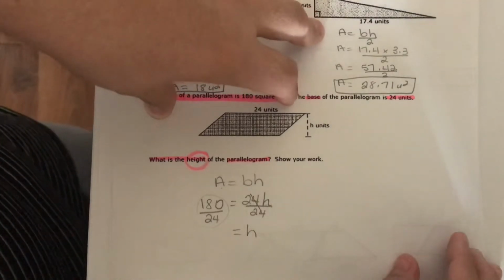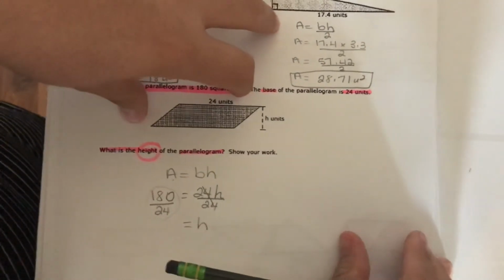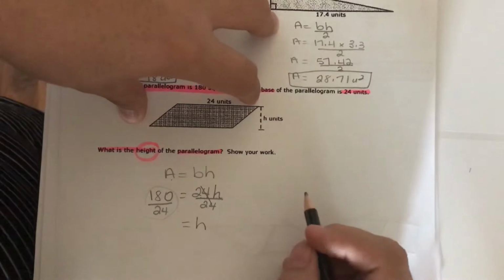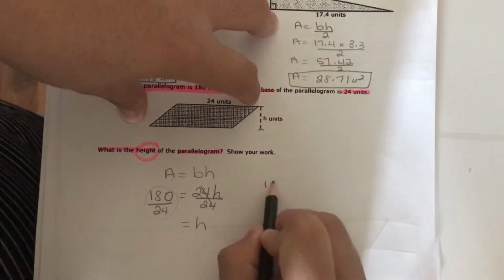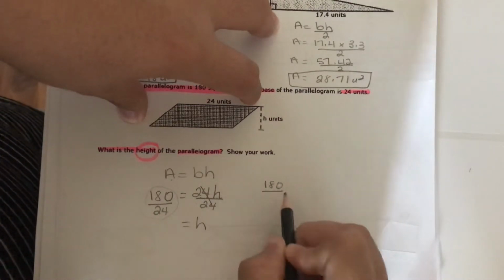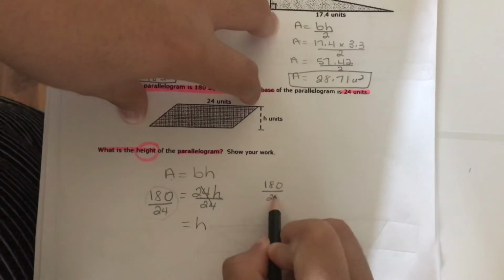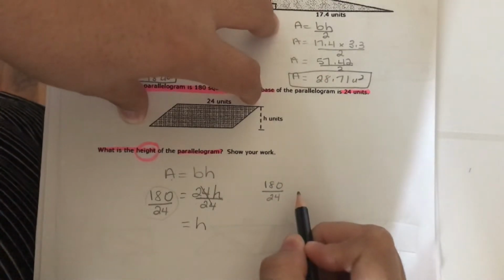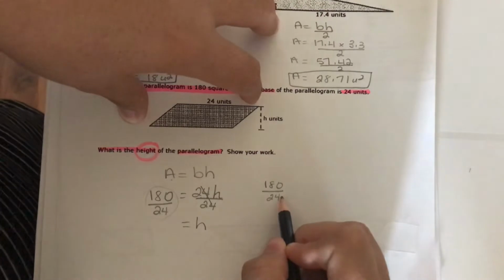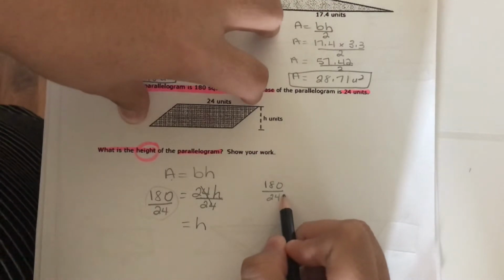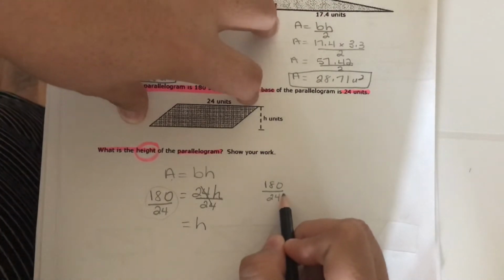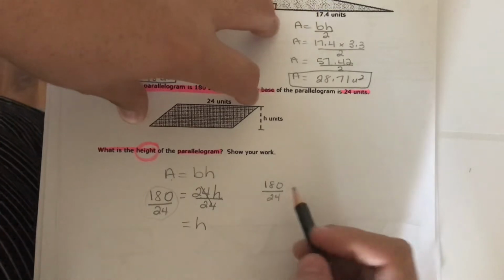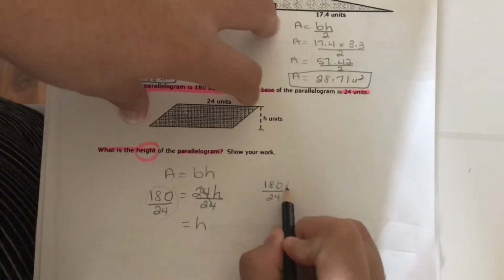Now, some of you are probably thinking, oh my gosh, those are such big numbers. You can always simplify. I could probably simplify these by maybe, let's just take it easy and simplify by 2.